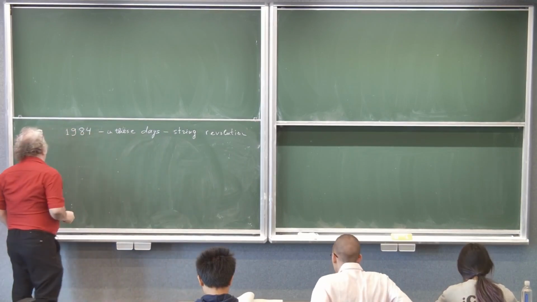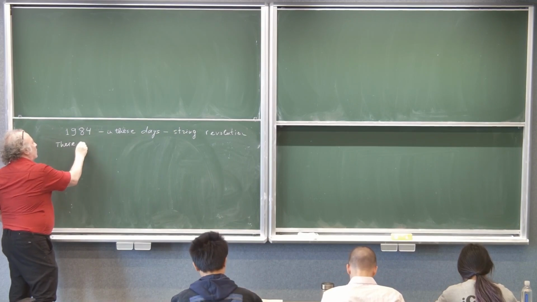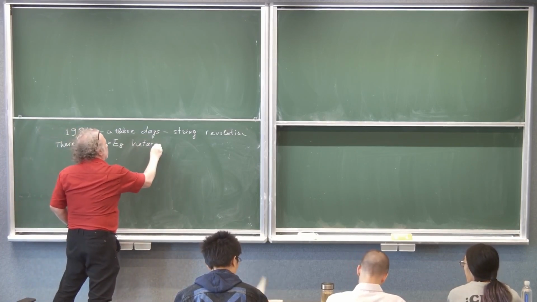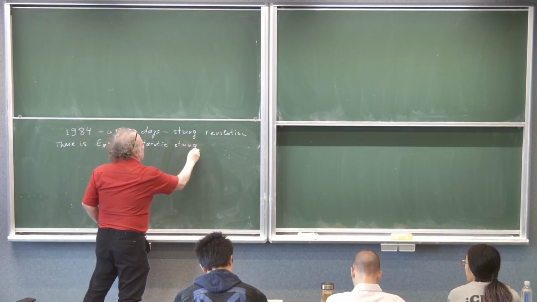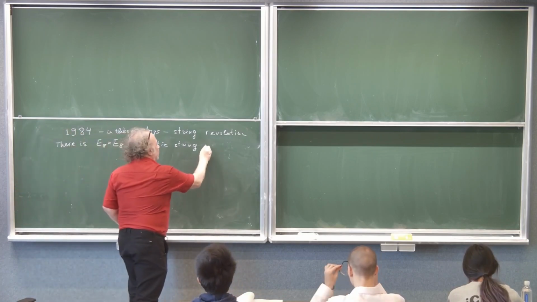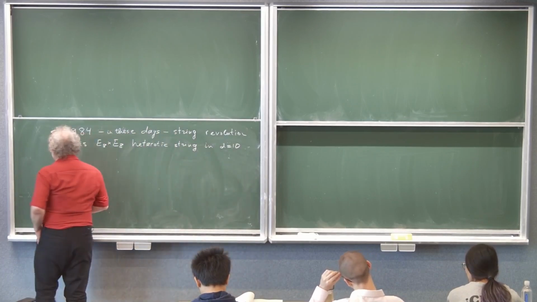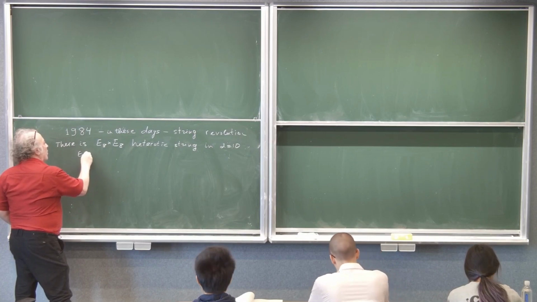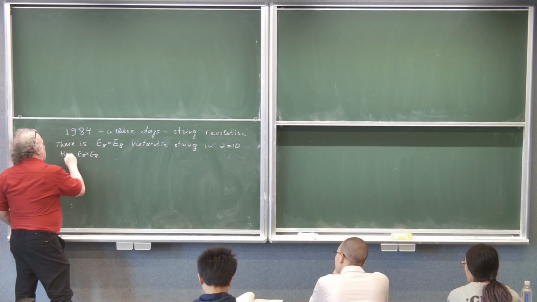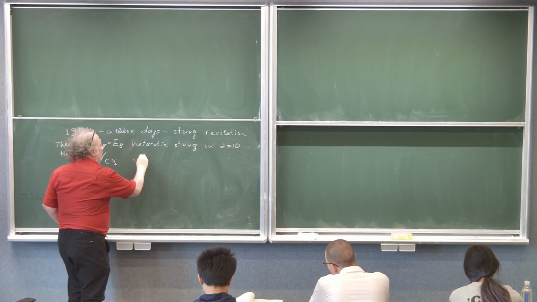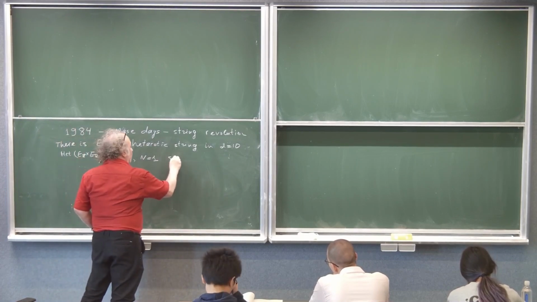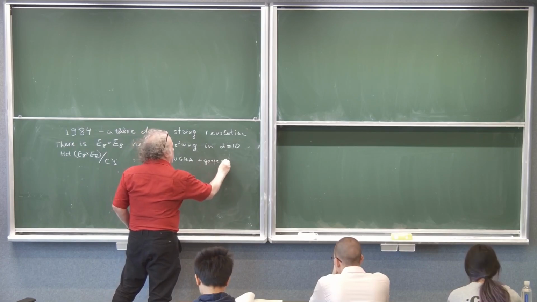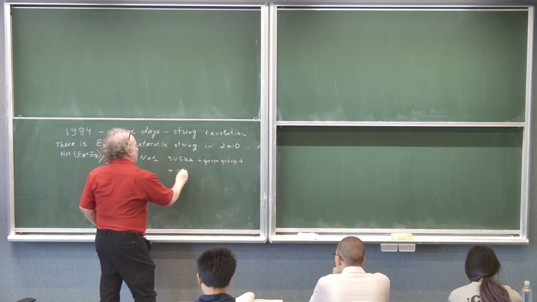And in the Spring Revolution, people say, look, there is E8 times E8 heterotic string in D equals 10, and when we compactify it on Calabi-Yau, we will get N equals 1 supergravity plus some gauge group plus, and this is important, chiral matter.